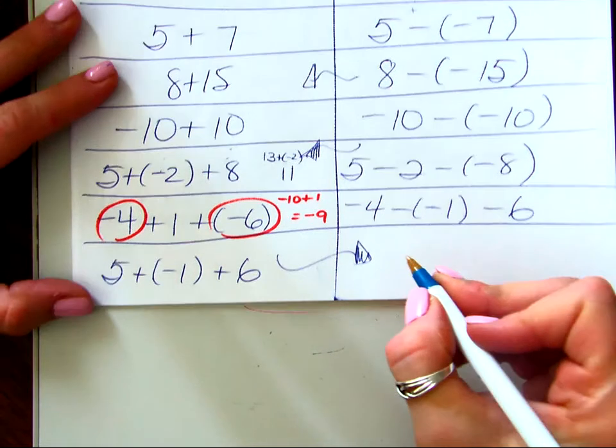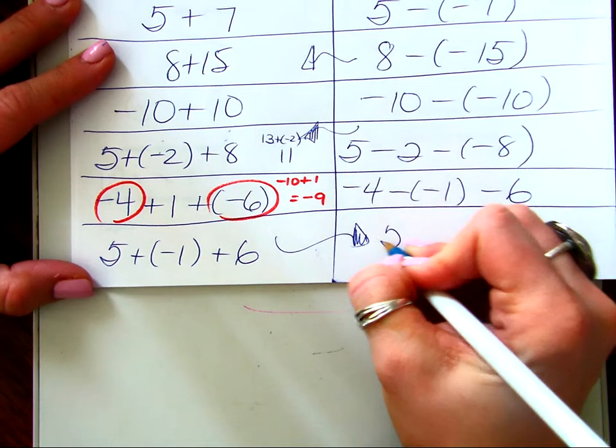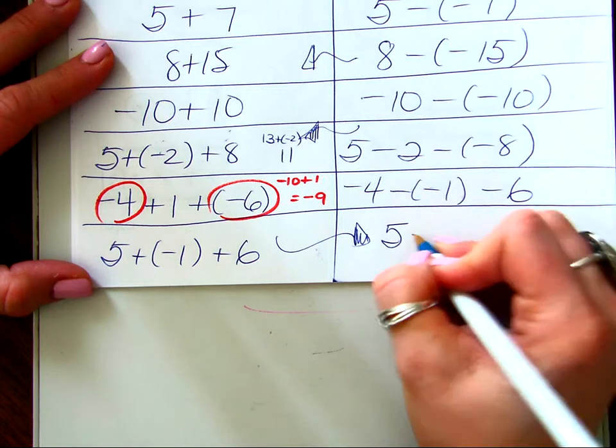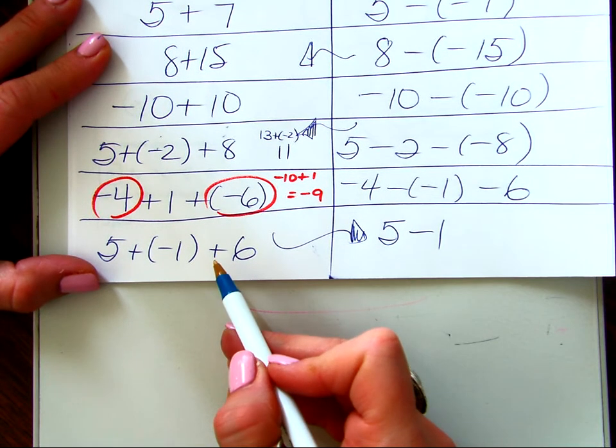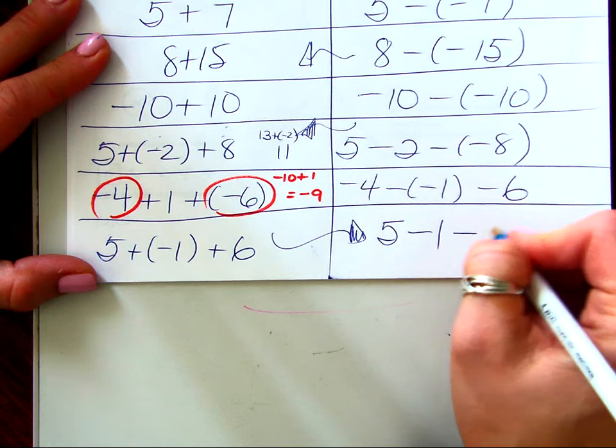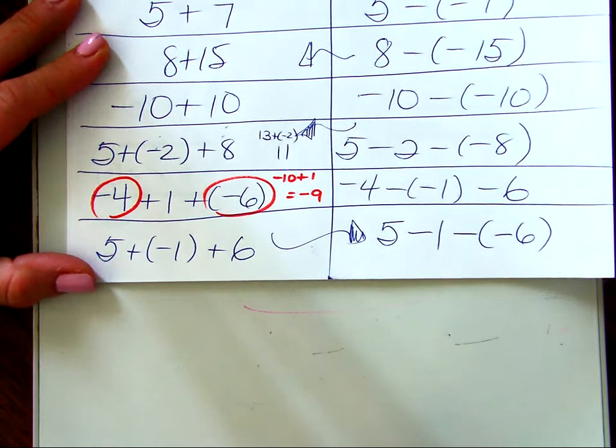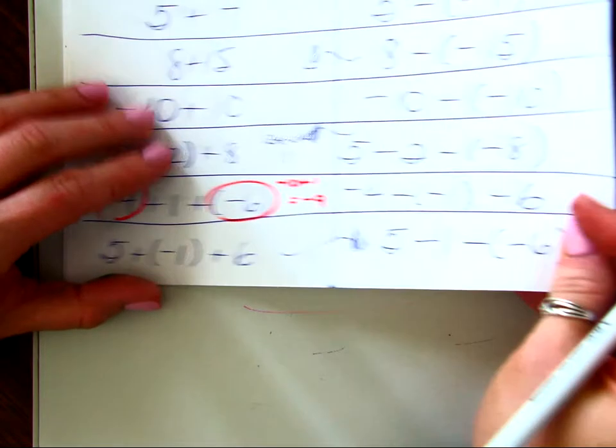So, instead of adding a negative 1, that's the same as just subtracting 1. And if that's plus 6, it must have been what? Yes? Okay. All right.